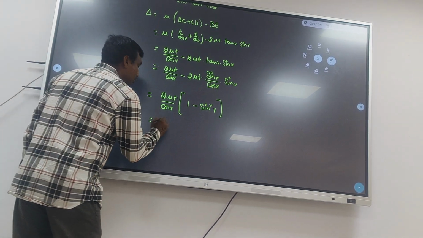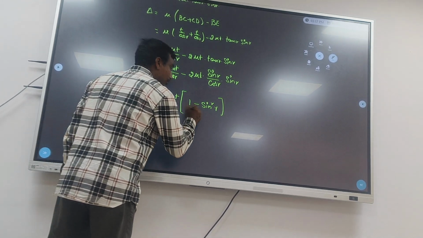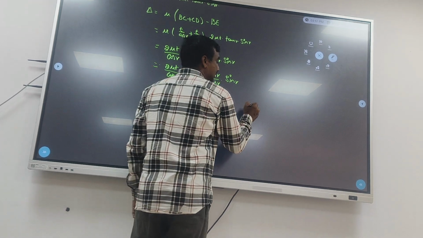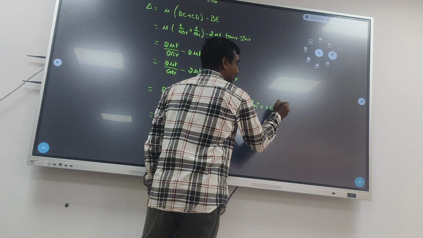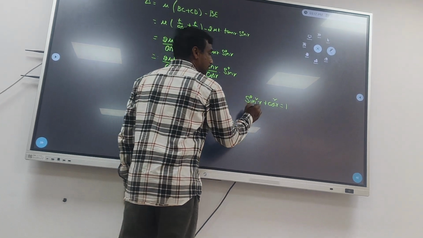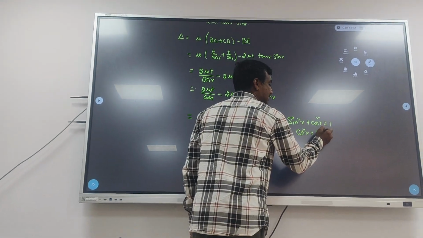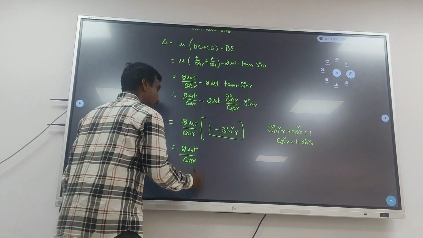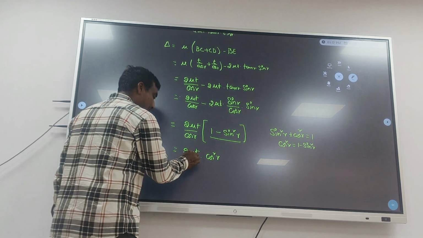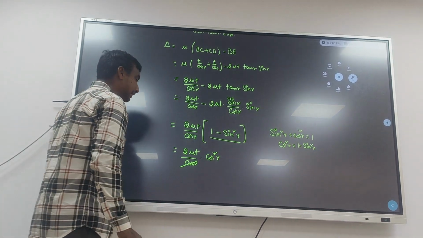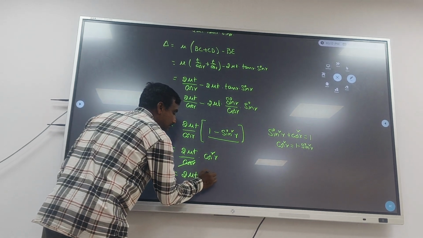So here 1 minus sin square r. See, sin square r plus cos square r is equals to 1. So from this, cos square r is equals to 1 minus sin square r. This is a trigonometric rule. So this will be replaced by cos square r. So one cos r gets cancelled, and finally we have 2 mu t cos r.